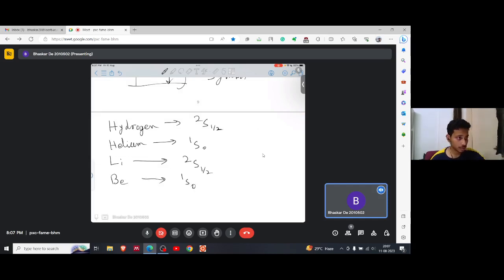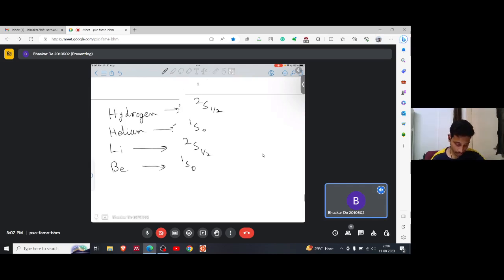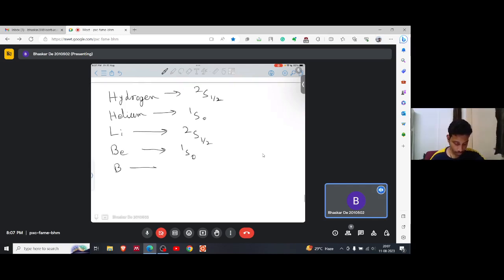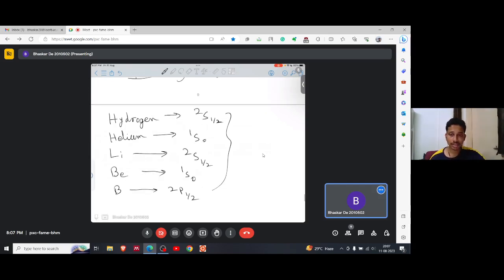So it depends on the outermost electron configuration. Then boron has a different configuration, 2P1/2. So all these spectroscopic term symbols can be calculated from the configuration of the valence electron. Any doubt regarding this spectroscopic term symbol?